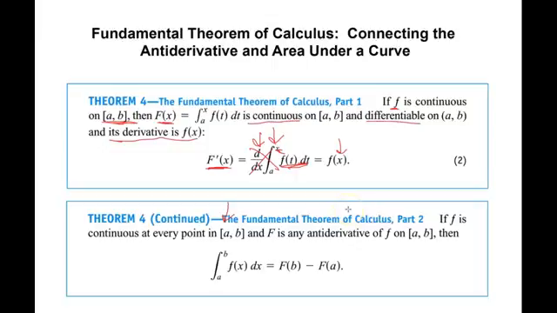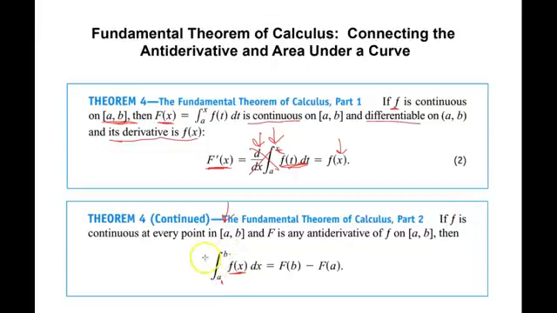The second part of the fundamental theorem of calculus is basically telling us how we can mechanically find the area under the curve of little f of x from x equals a to x equals b.